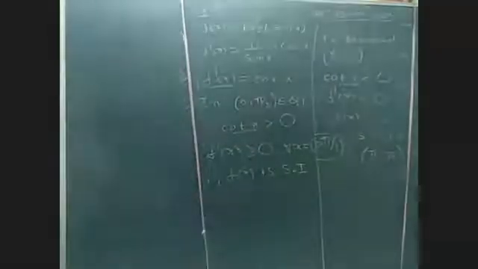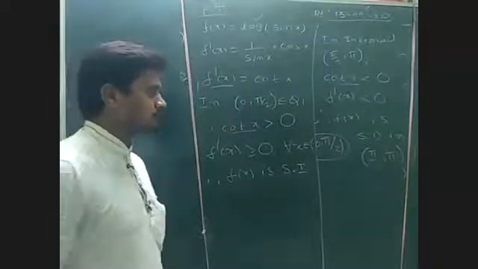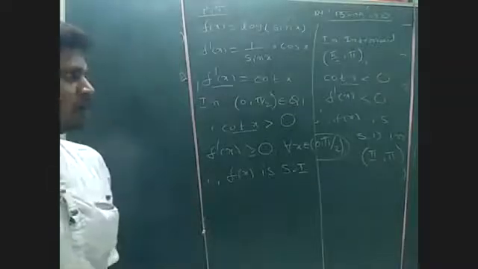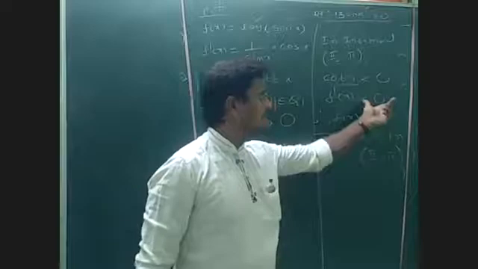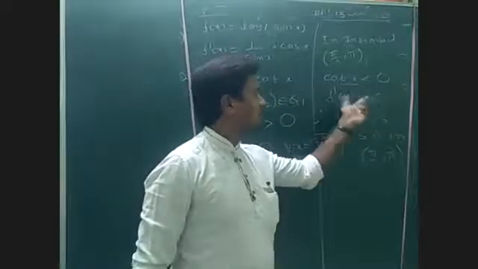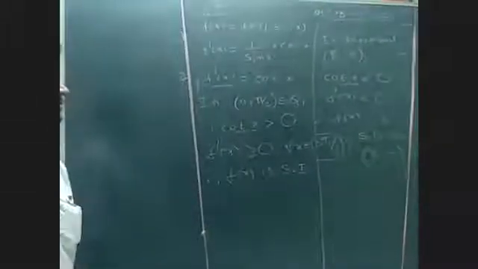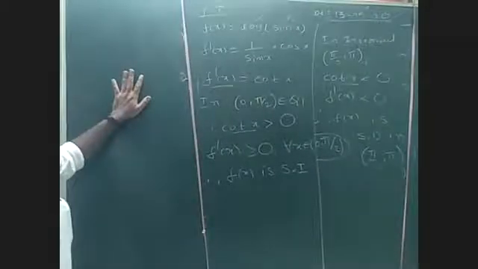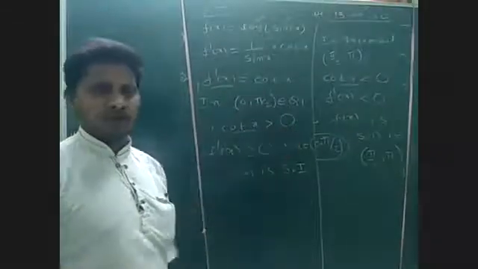That's it. On this interval, f of x is strictly decreasing because f dash of x is less than 0, since cot x is less than 0. In the first quadrant, all trigonometric ratios are positive.